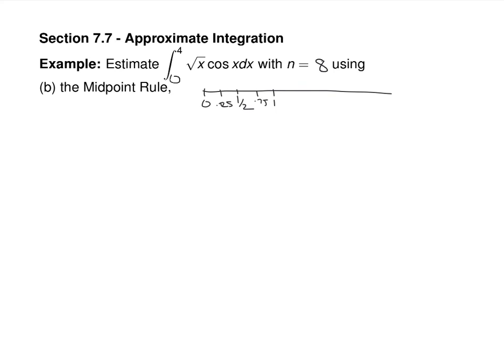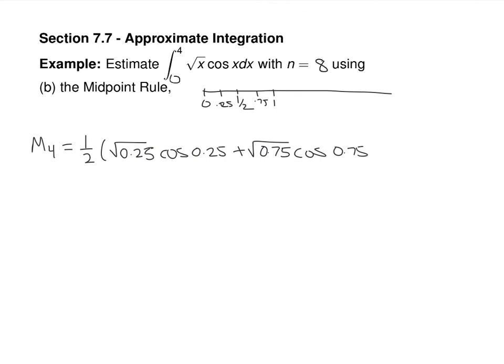The points are spaced out 1/2 apart, starting at 0.25. So M4 will be delta x, which is 1/2, times root 0.25 cosine 0.25 plus root 0.75 cosine 0.75, etc.